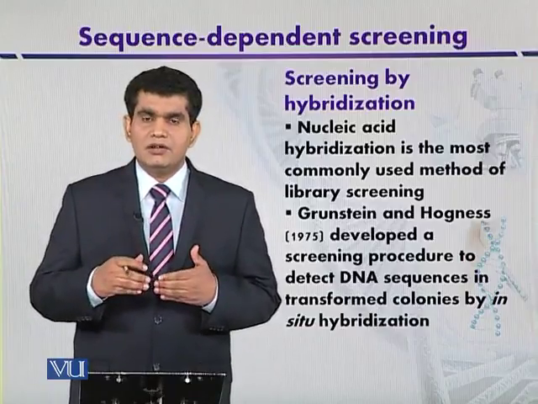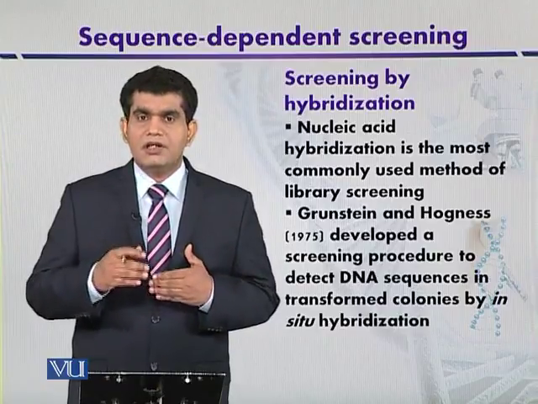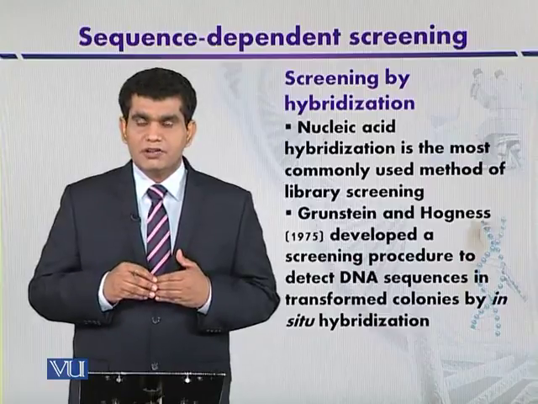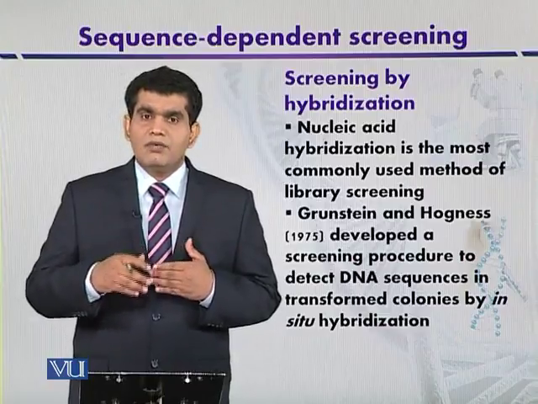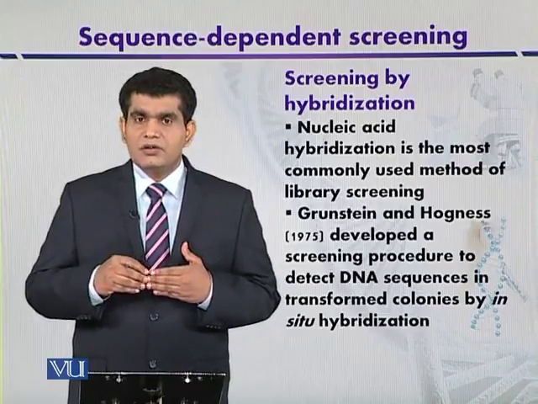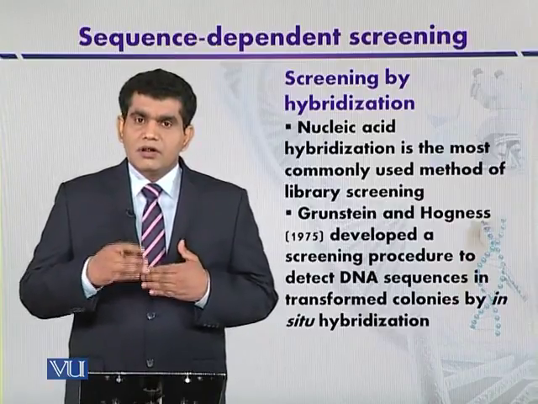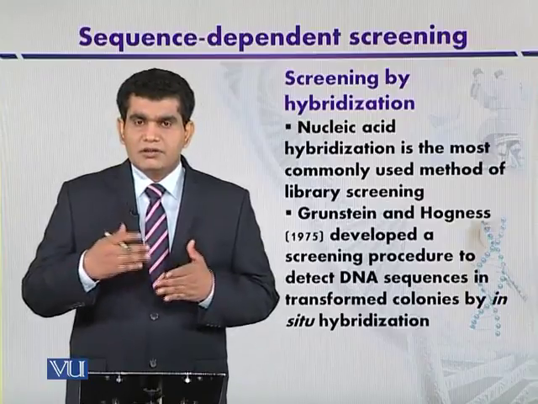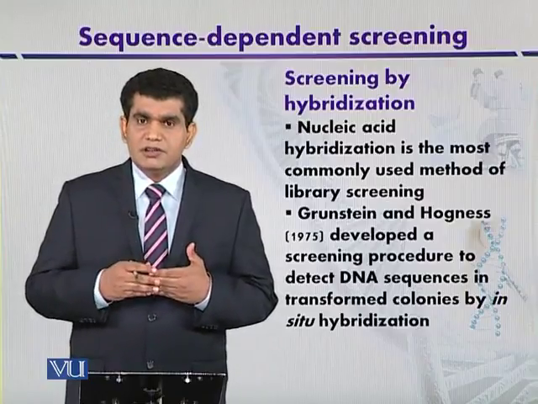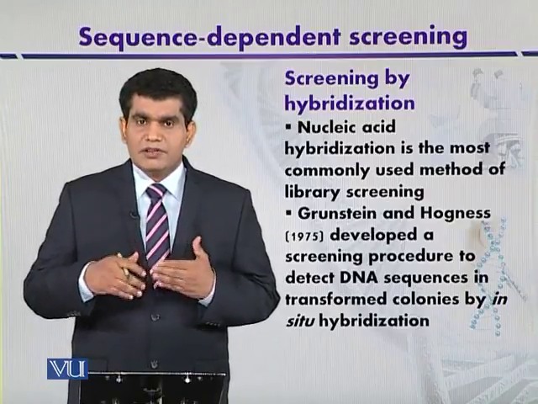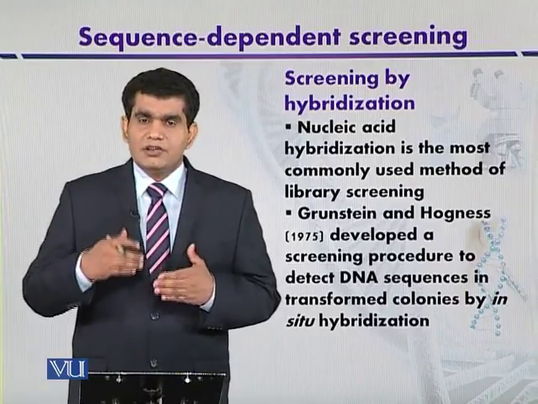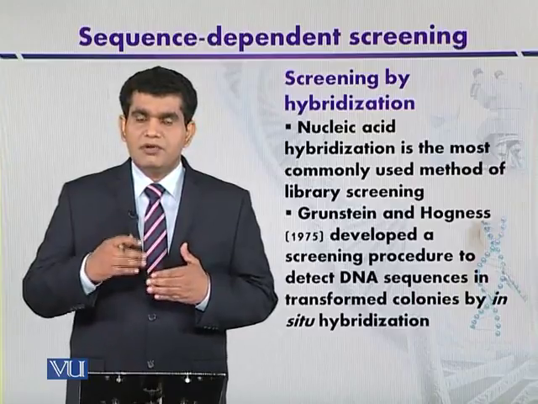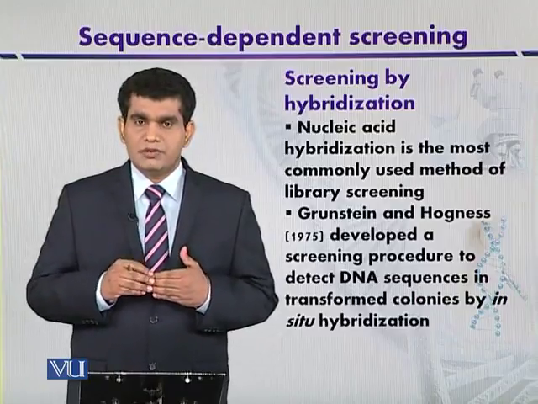with alkali like sodium hydroxide. It will result in the lysis of the transformant colonies. After lysis, the colonies will be lysed and the DNA will be denatured, and after that step, the alkali is neutralized, and the DNA will bind firmly to the nitrocellulose membrane.